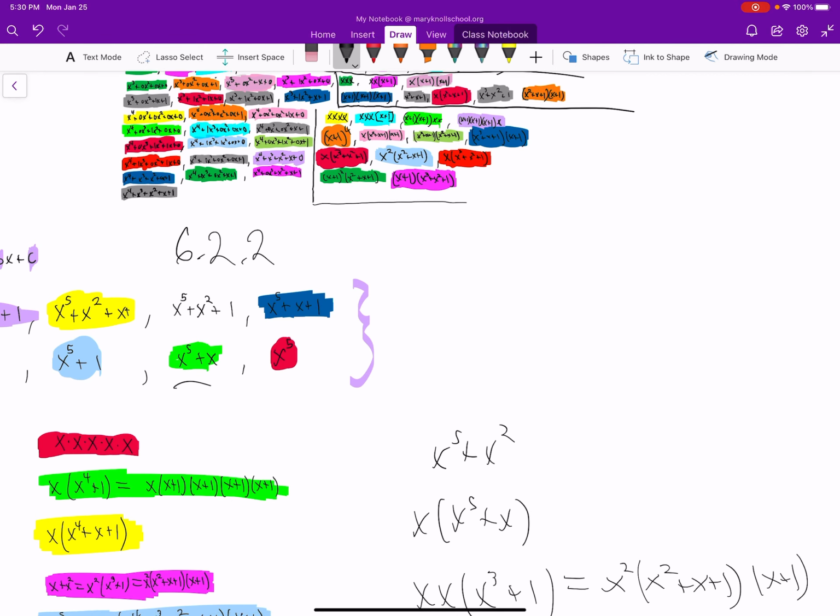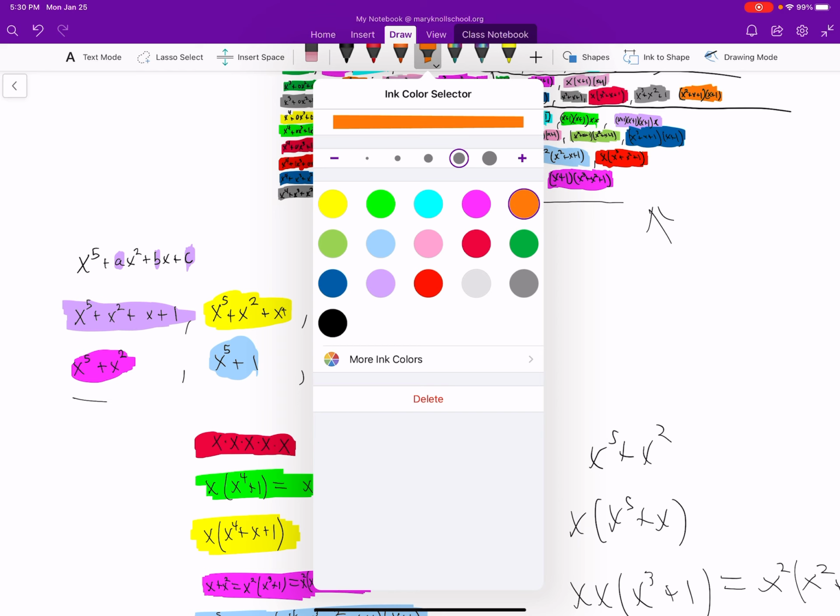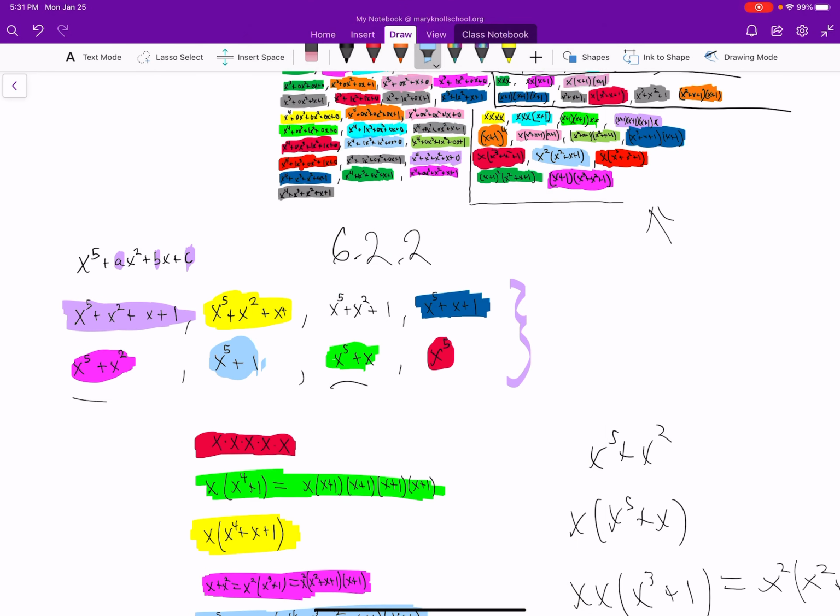Okay, so if you can take out an x, then you just have to look above in the last problem to figure out what to do next. But if you can't do that, for example, let's look at this one right here. We're not able to take out an x, so we're left with our own devices.